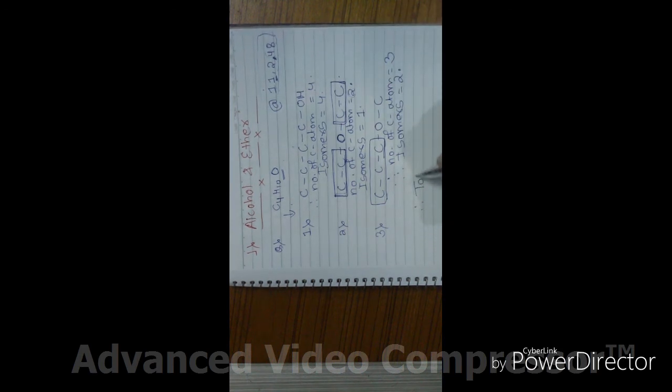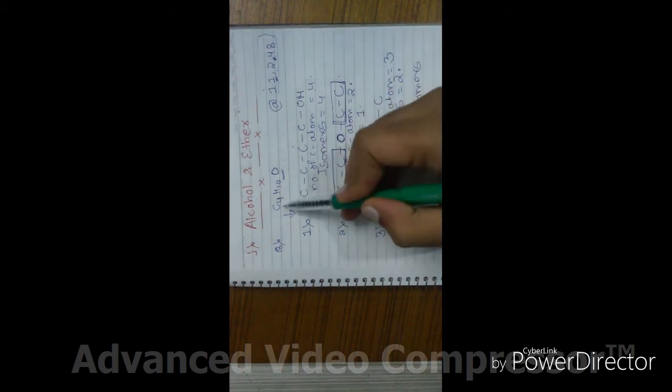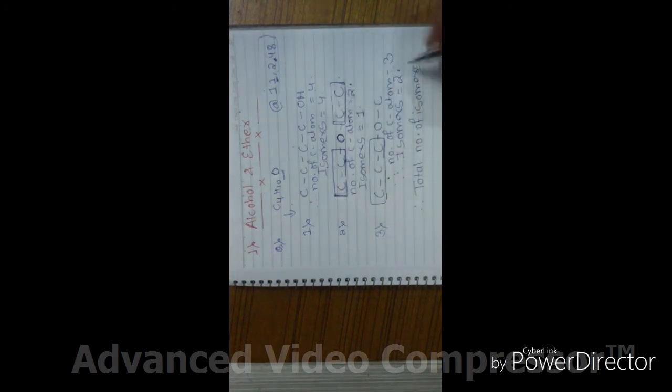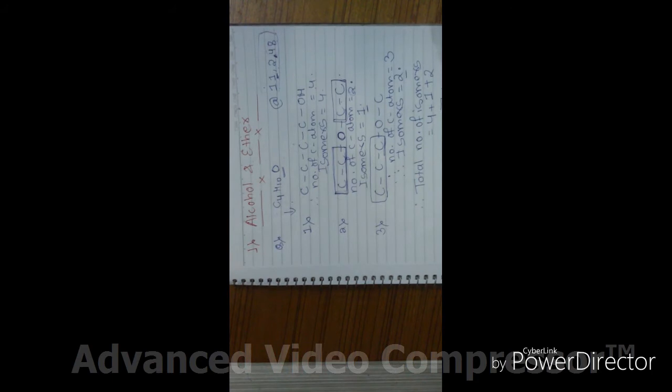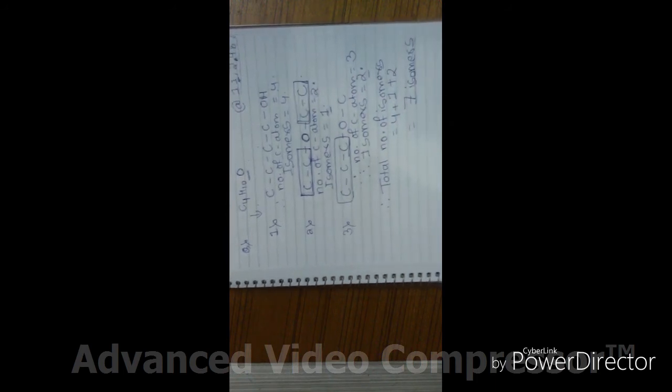So total number of isomers for this molecular formula is 4 plus 1 plus 2. 4, 5, 6, 7 isomers are present. So total number of isomers in C4H10O is 7 isomers. So we can calculate it easily without writing the structure.